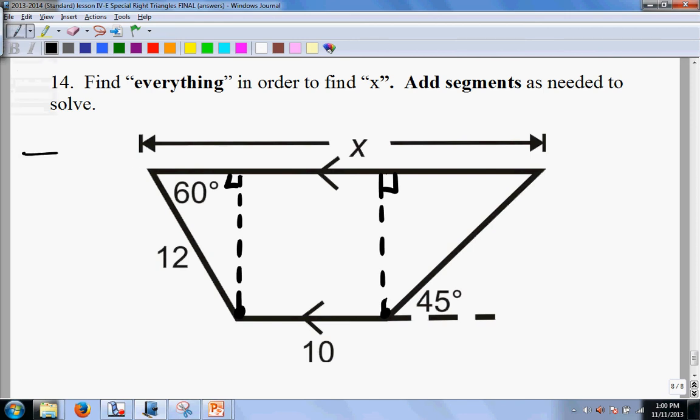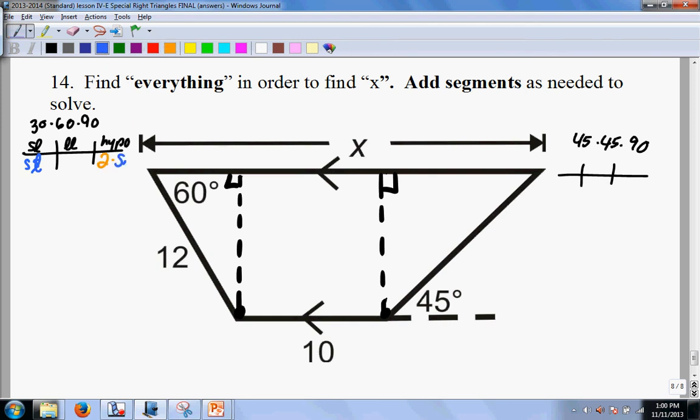Let's start by writing those tables out. The 30, 60, 90 table and the 45, 45, 90 table. Again, these should be memorized. 30, 60, 90: you have short leg, long leg, hypo. Whatever the short leg is, the hypo is double, so it's 2 times the short leg.